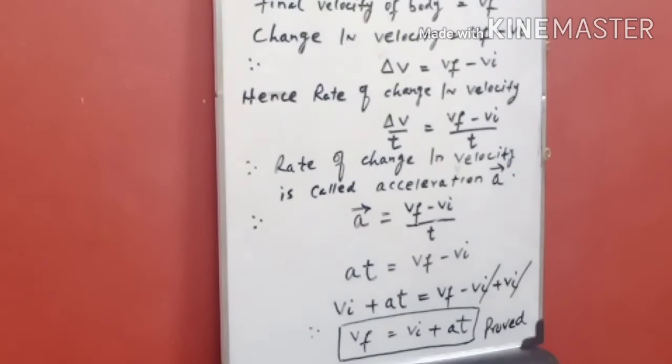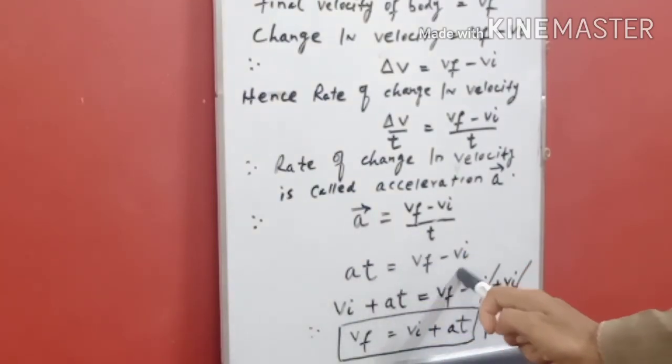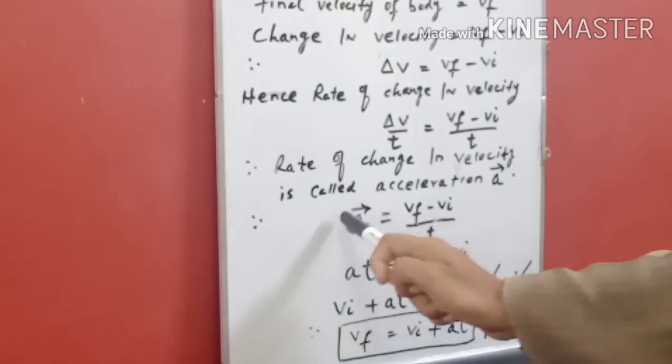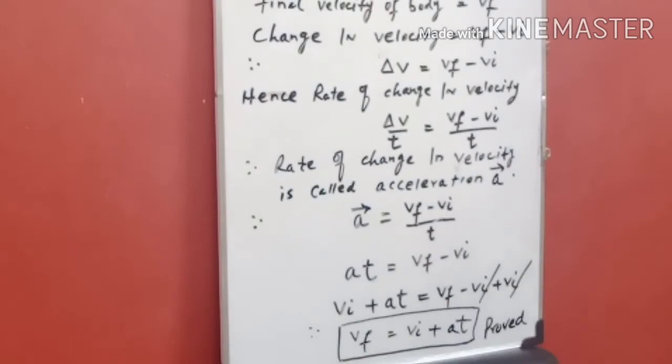So At equals Vf minus Vi, because T shifts to the other side.